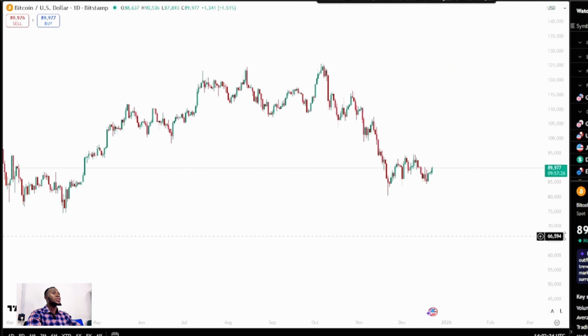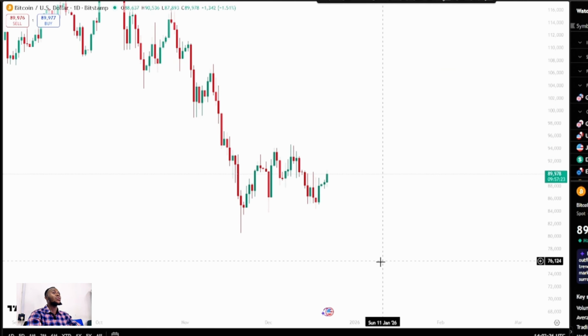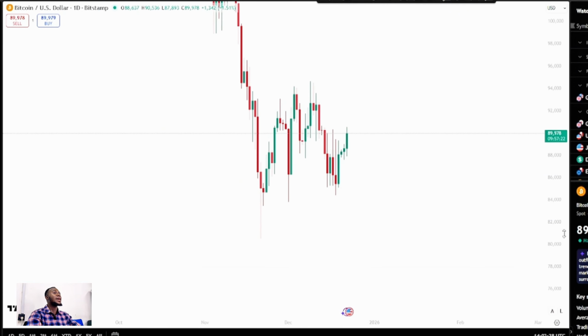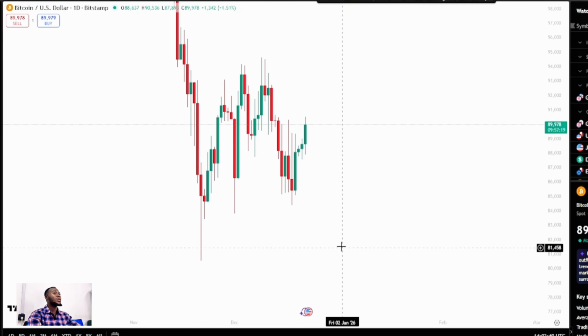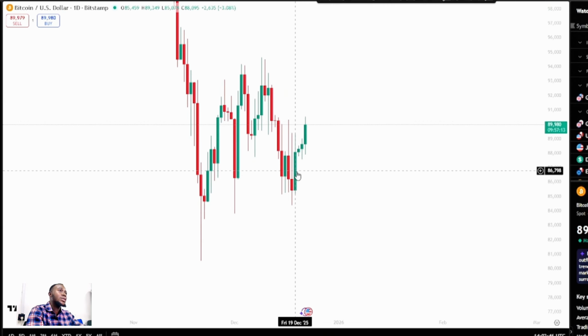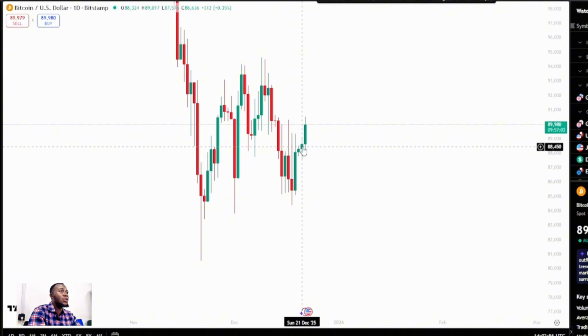Okay, then the next thing I want to do is that I will look out for the last three candles on a daily time frame. Now, the last three candles, apart from the current one, and then you will see that this candle is telling that the market is actually bullish, very, very bullish, because I have this large bullish engulfing candle.